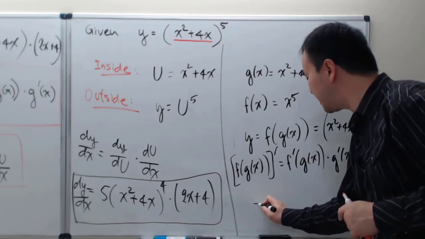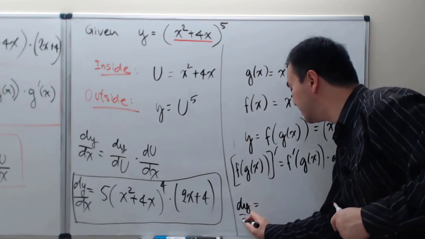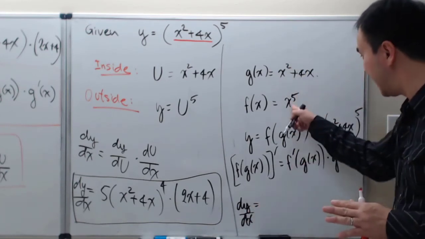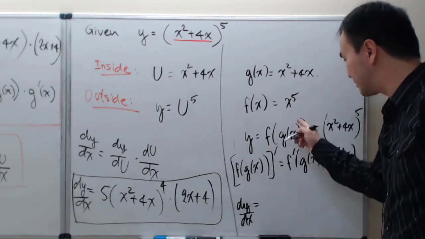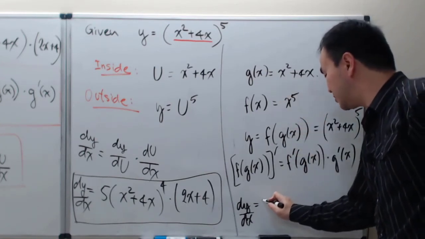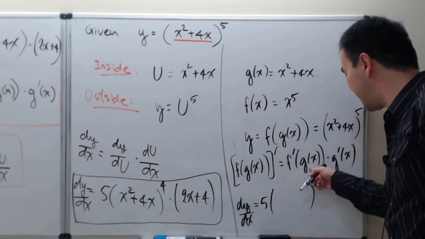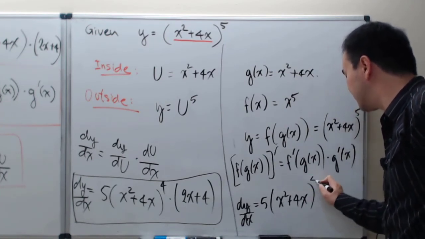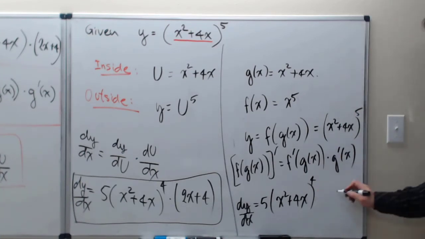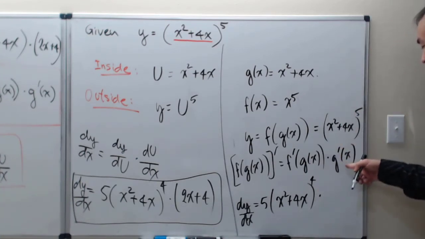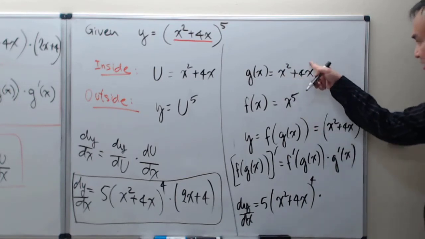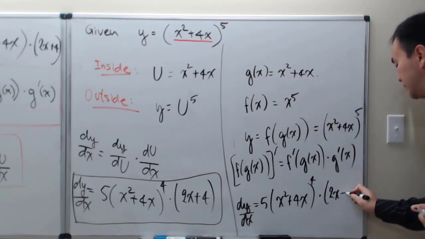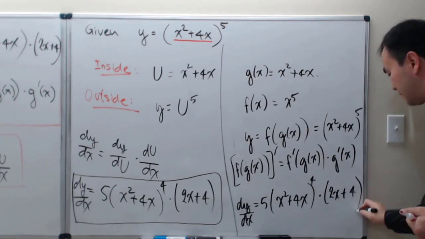Saying it out loud, the derivative of the outside, the 5th power function, gives 5 times g of x, x squared plus 4x, all to the 4th power. Now multiply by the derivative of g, which is 2x plus 4.